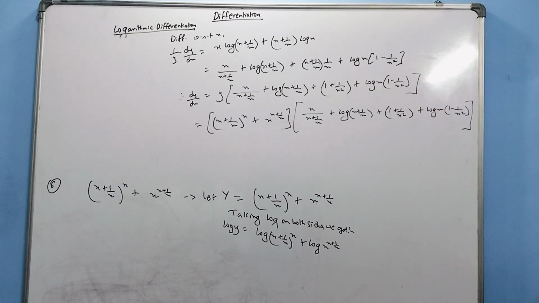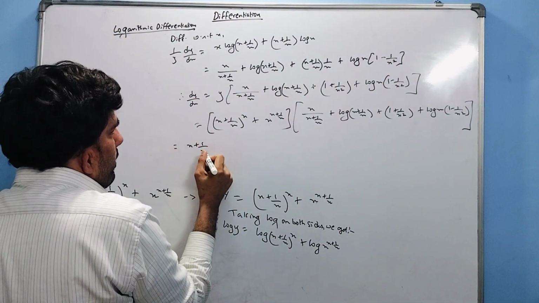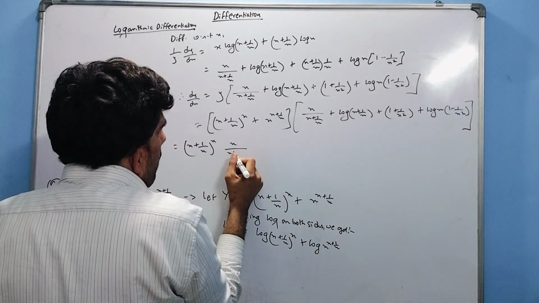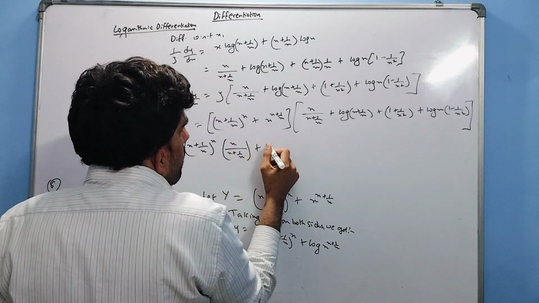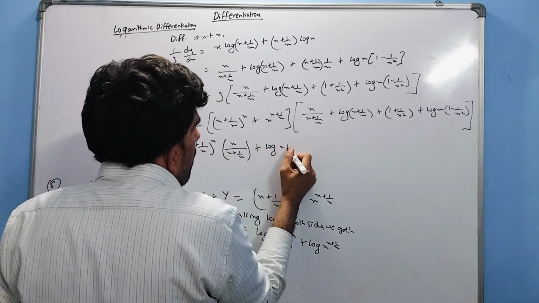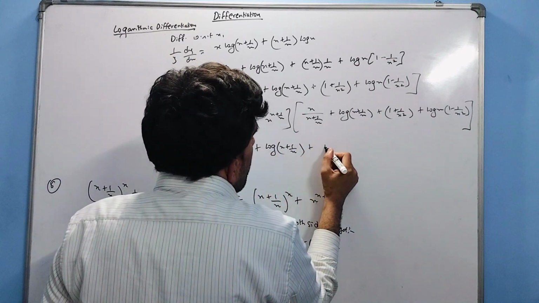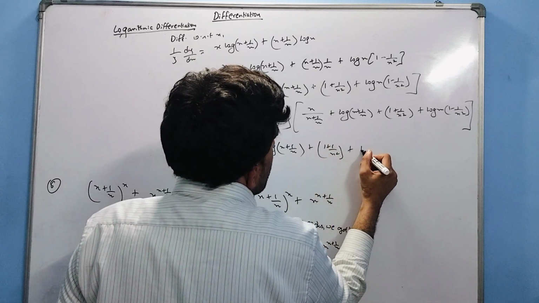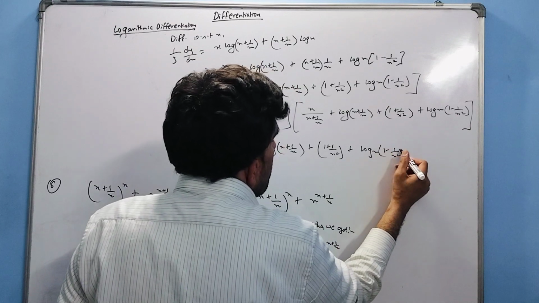Now next step will be, we can directly multiply it, x plus 1 upon x whole x, it will be x upon x plus 1 upon x plus we have log of x plus 1 upon x plus 1 plus 1 upon x square we have plus log x 1 minus 1 upon x square.